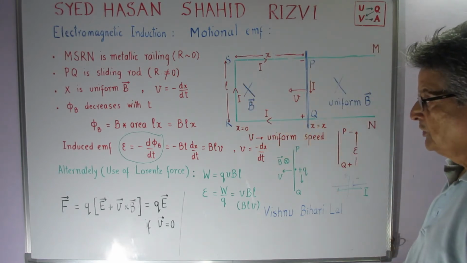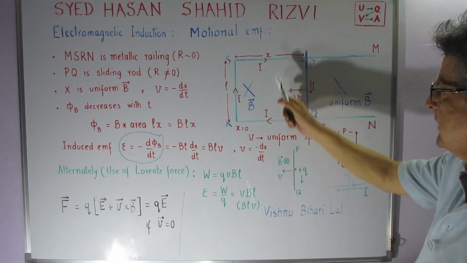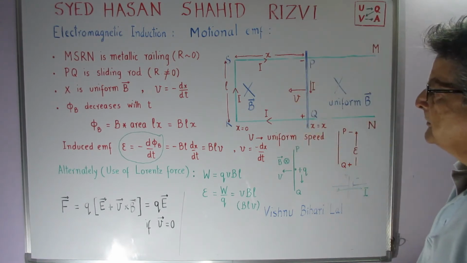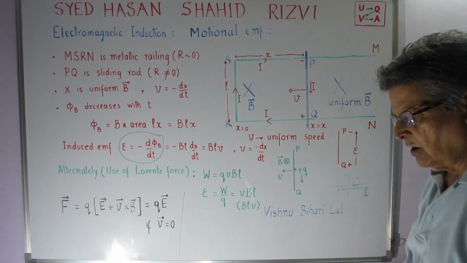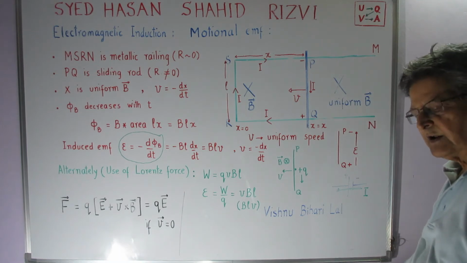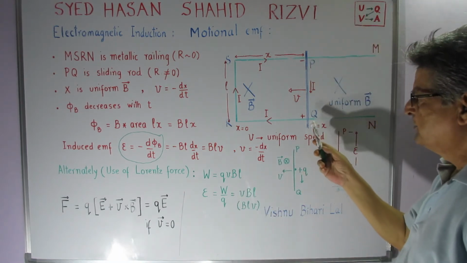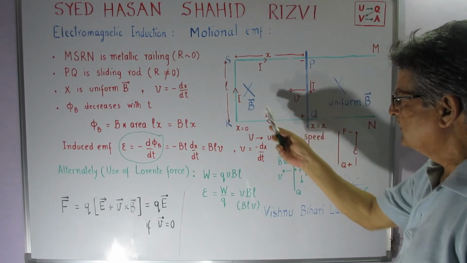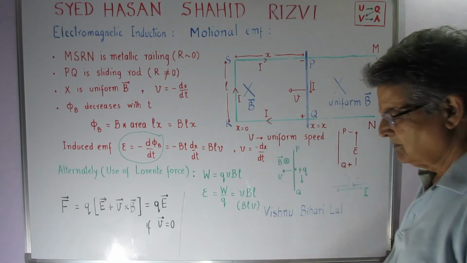This is the reason why I have marked the current with red ink to be going like this. Some of the authors, some very renowned authors, for this particular case show that the current is flowing in the opposite direction. Okay, no problem.